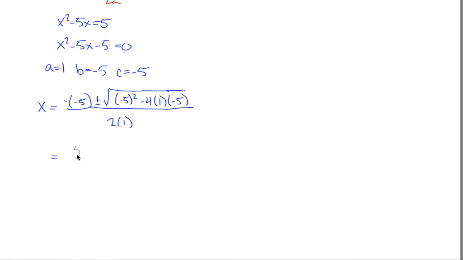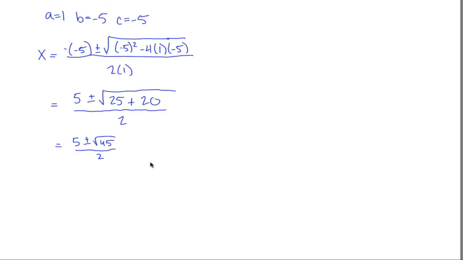Negative negative 5 is just positive 5. Negative 5 squared is 25. Minus 4 times 1 times negative 5. 4 times 1 is 4. 4 times negative 5 is negative 20. Minus negative 20 is the same as plus 20. 2 times 1 is just 2. So what I get is 5 plus or minus the square root of 45 divided by 2.